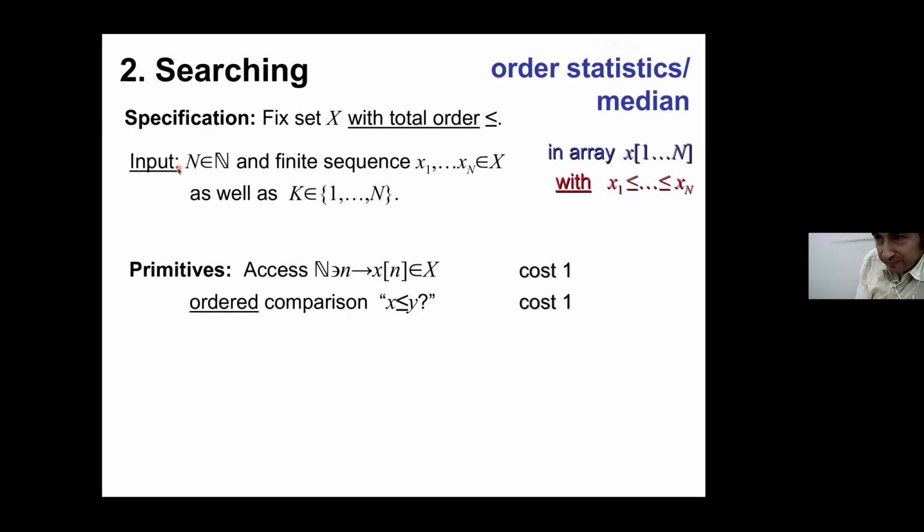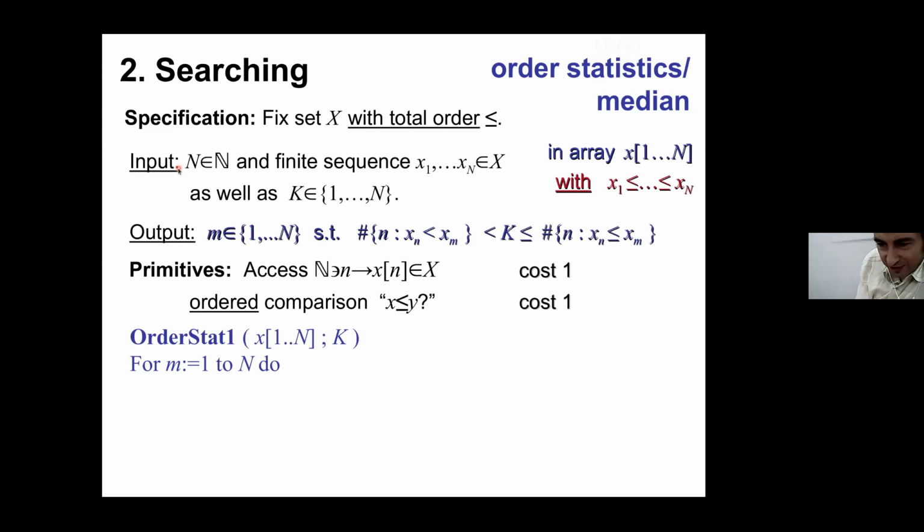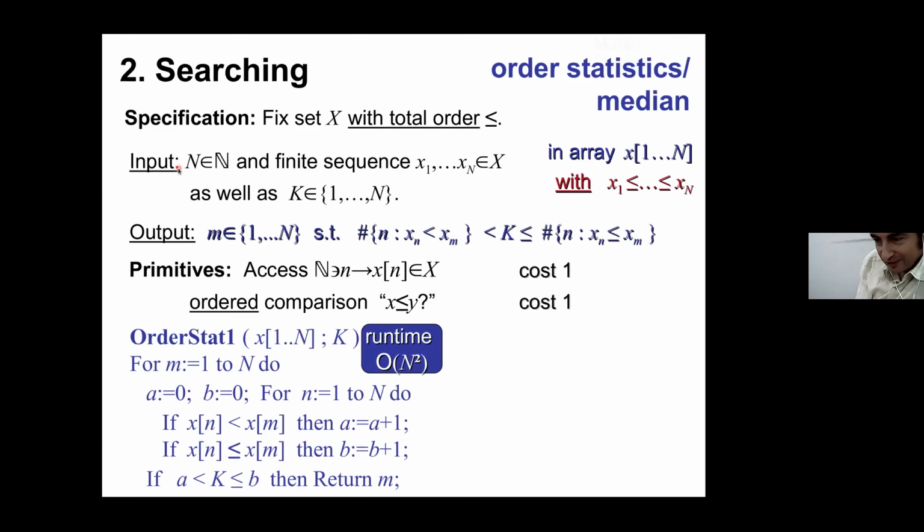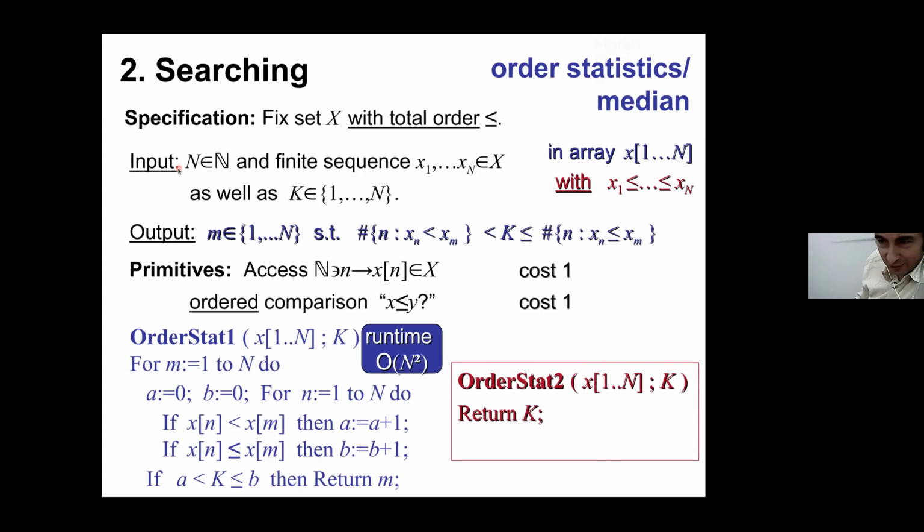And then we talked about order statistics. As you have seen in section 3, it was very useful to understand what the order statistics are. The order statistics problem: you're given a number k between 1 and the length of the array, and you find the index m so that xm has approximately k smaller elements.